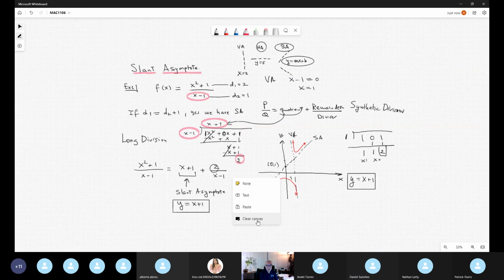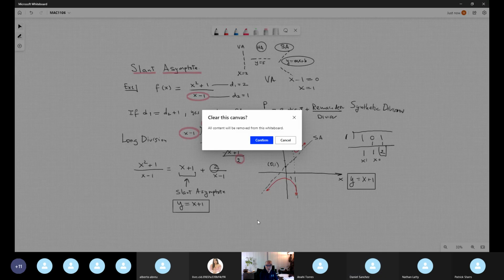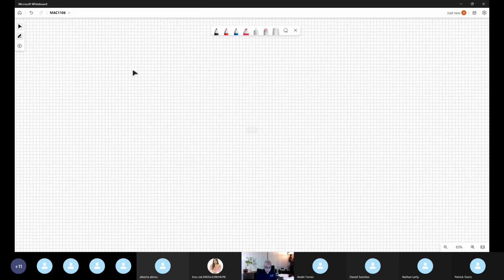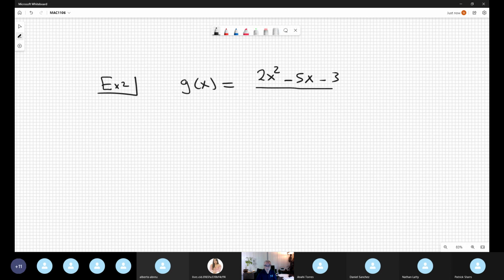I have another. Okay, suppose this. Example 2 of the slant. Suppose the function g is equal to x squared minus 5x minus 3 divided by x minus 2.